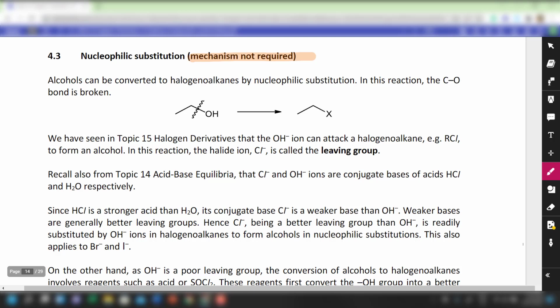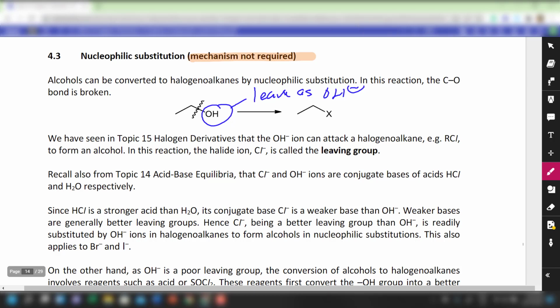The OH group is a very poor leaving group for a very simple reason. If it leaves, it will leave as hydroxide anion. But hydroxide is a relatively strong nucleophile, and of course a strong base as well, so it is reluctant to leave.